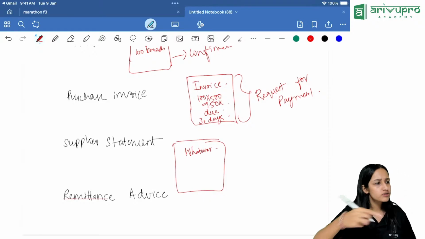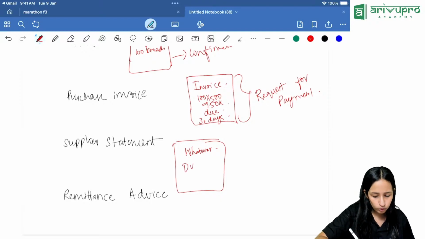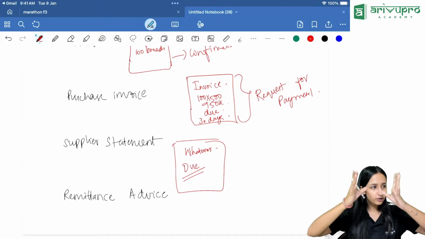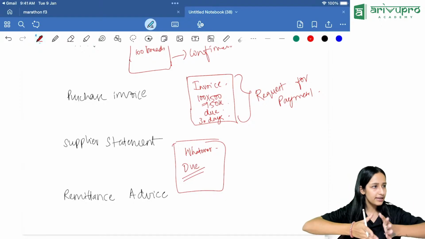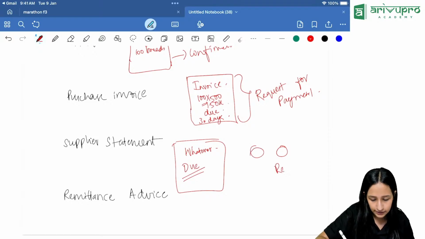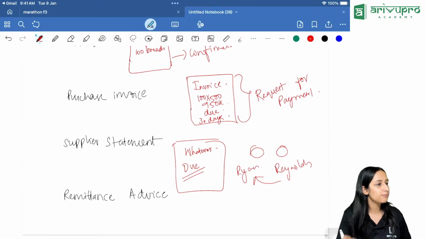Now here we have only spoken about bread, but maybe there could be more purchases, right? So there could be a total net amount due. All the purchases in that particular month, everything they will write in the supplier statement, and he sends it. Who sends it? Reynolds sends it to Ryan. Got it? That is the supplier statement.